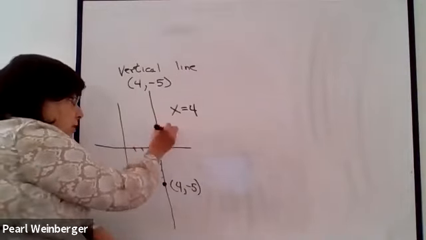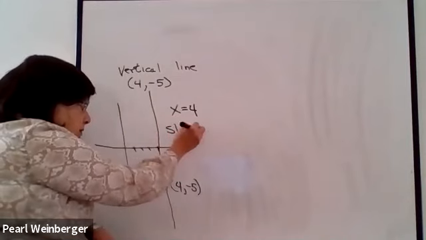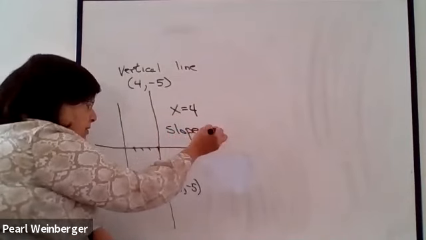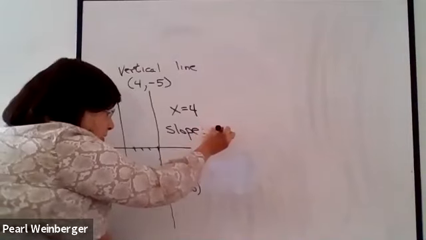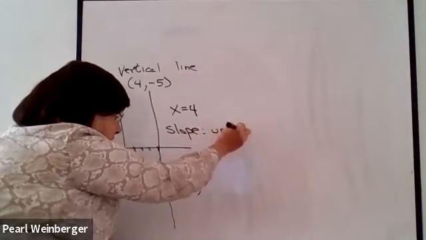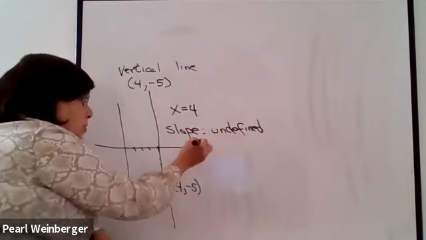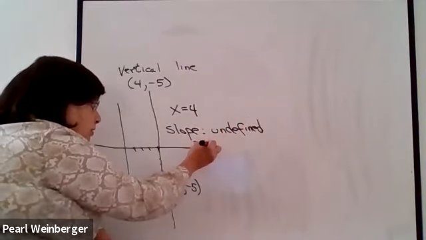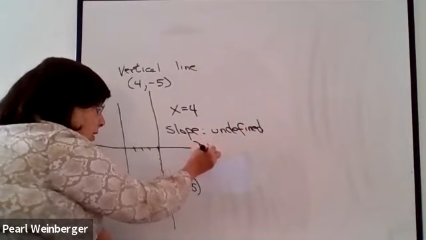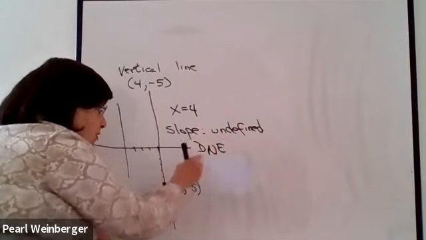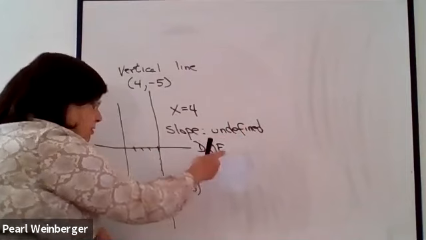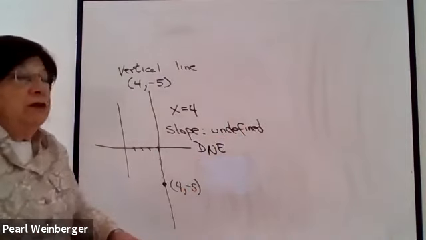If I asked you what the slope of this line is, the slope is undefined. It doesn't exist. You can either use the term undefined, or you could write DNE, does not exist. There is no slope.